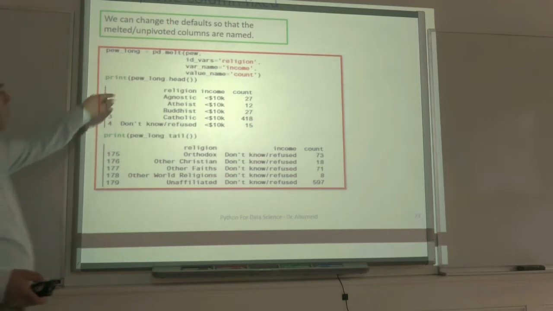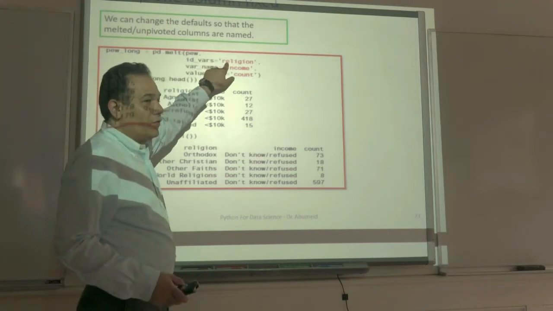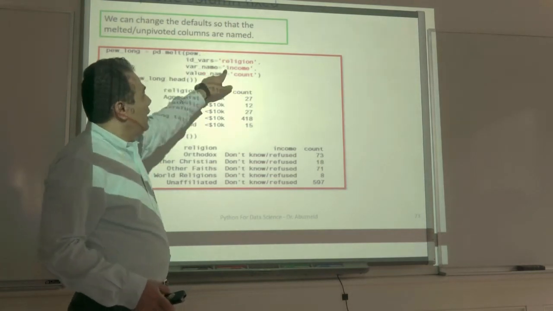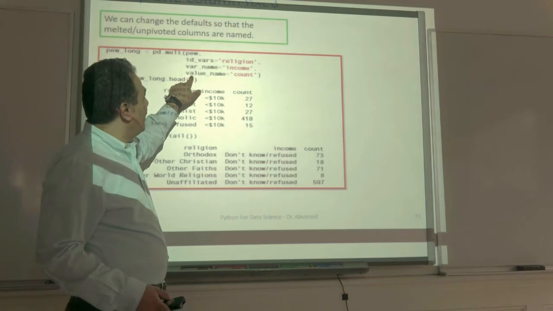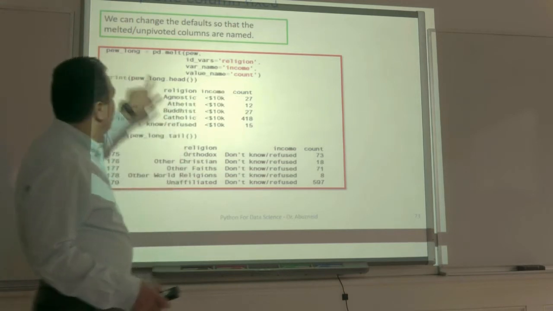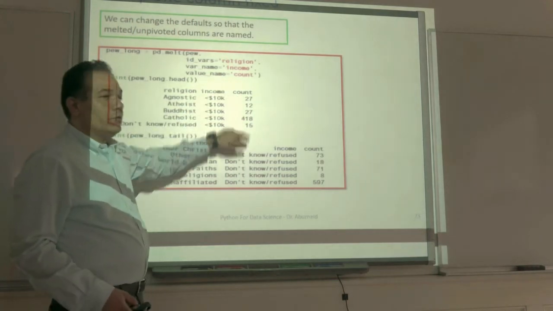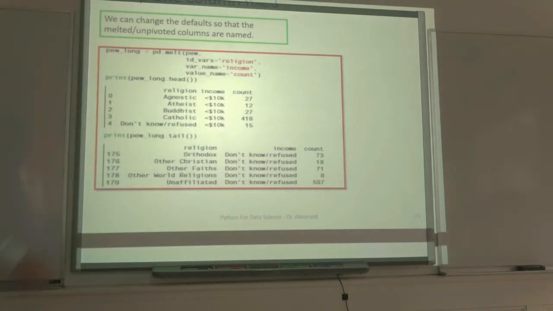So what I did in here: id_vars religion, that means that will stay without melting. var_name income and value_name count. Now I named them, so what I got is the religion, the income, and the count. And that's the tail of the data frame we have created. So we melted it, right?